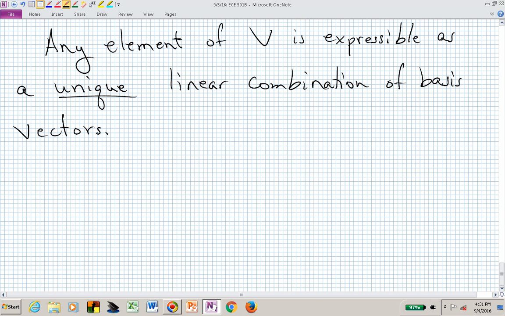Now, if I give you an arbitrary vector, there's only one way to linearly combine your basis vectors to express or create that arbitrary vector that I gave you, or that you handed me.